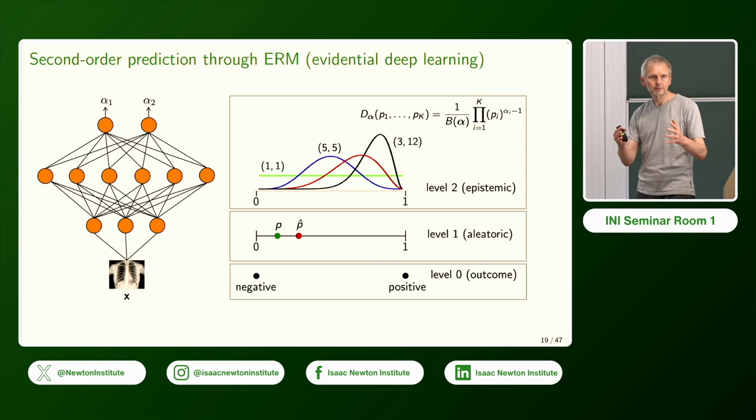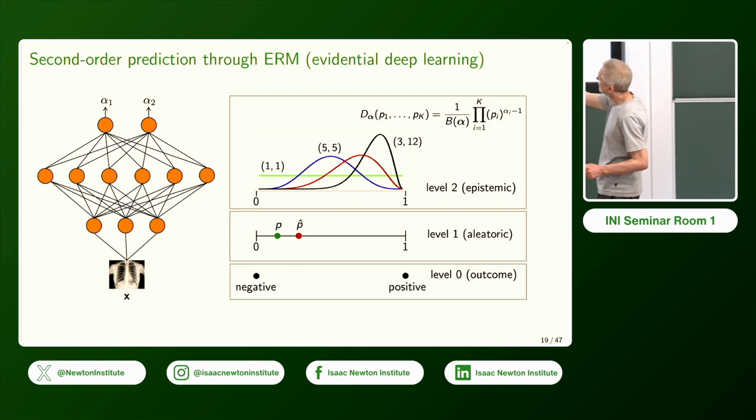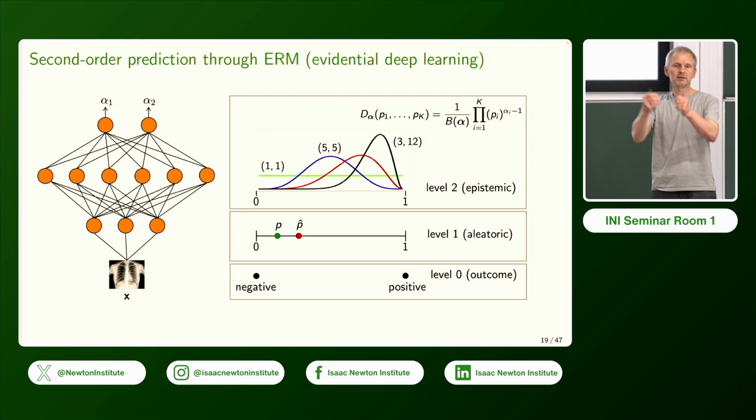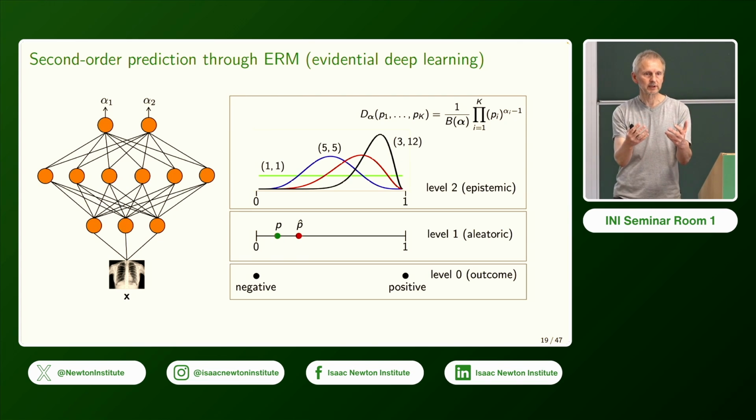Train a predictive model by risk minimization. So can't we perhaps train a neural network or whatever model you could think of, which takes an X as an input and then produces directly a second-order distribution as an output, as a prediction?